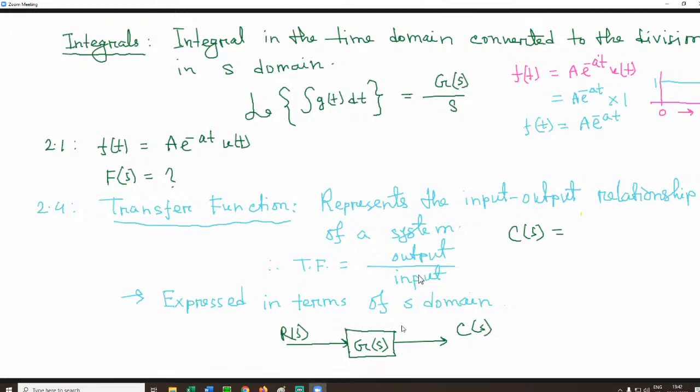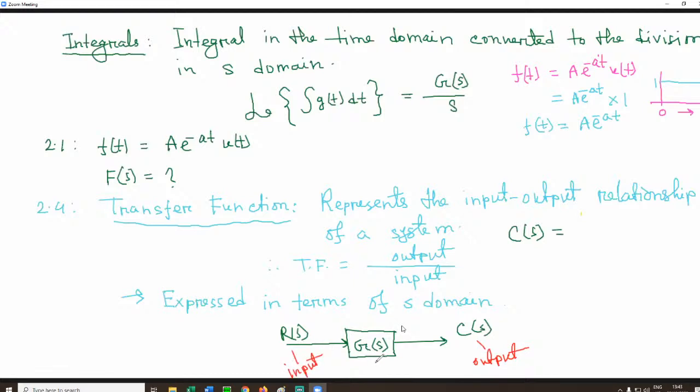R(s) divided by G(s), sir? No, it is R(s) into G(s). There is always a multiplication relationship, never plus or division. Because the signal is flowing from this side to this side, you have to multiply them. So C(s) equals R(s) times G(s). This is our output, and this is our input.